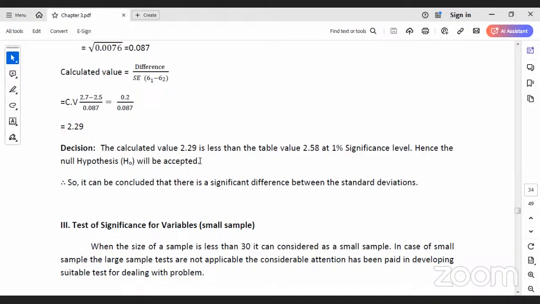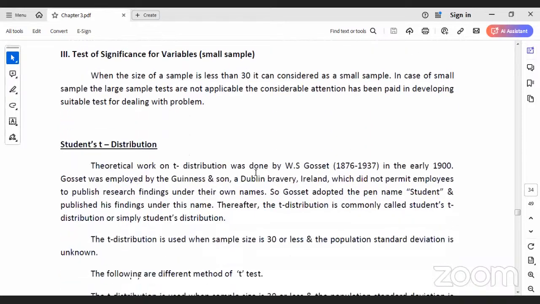So at this point we completed that chapter. The next chapter we will see. Large samples completed. Now we will start the small samples chapter. In the small samples, we call it the student test also. Test of significance for variables within the brackets.